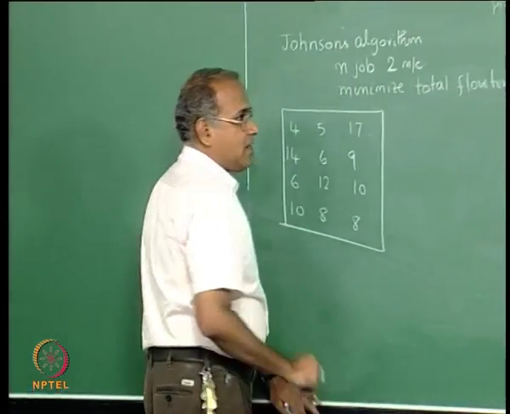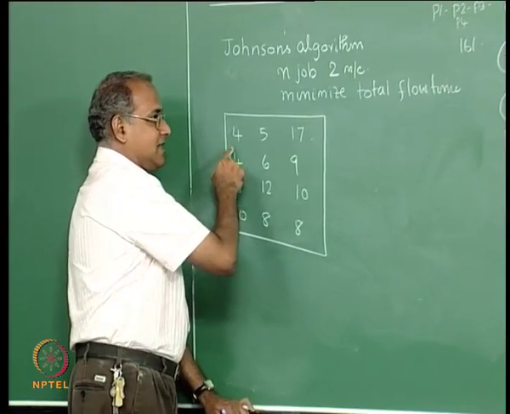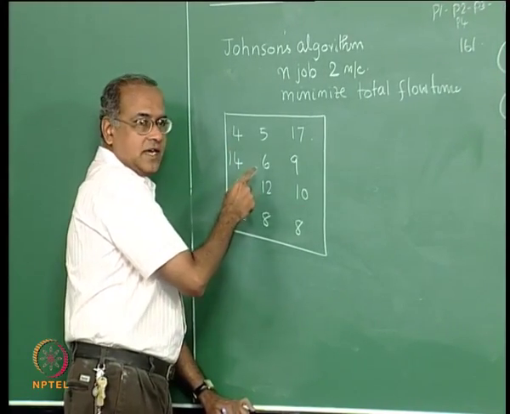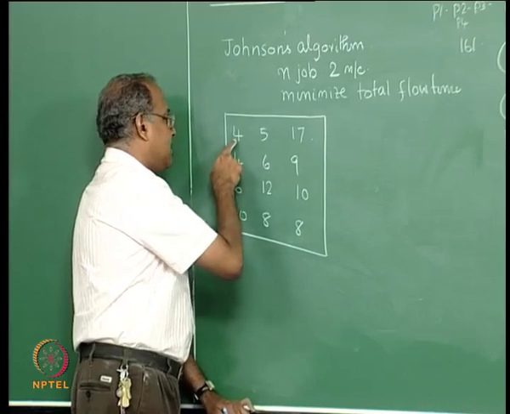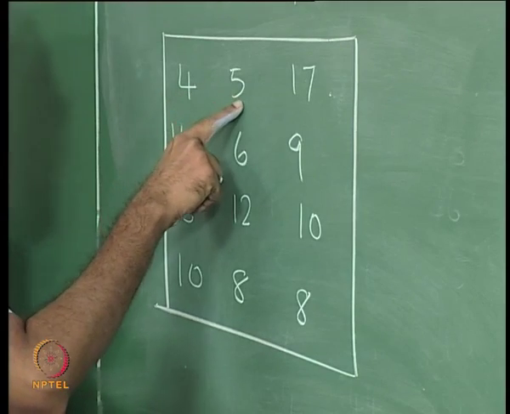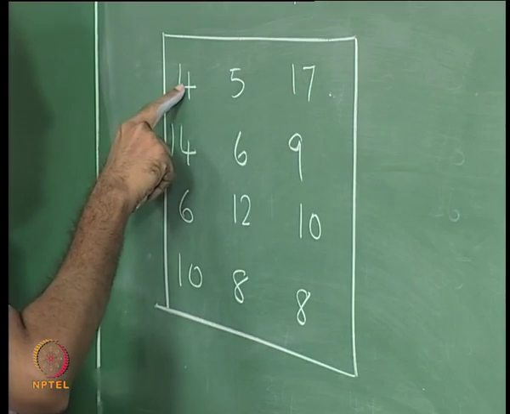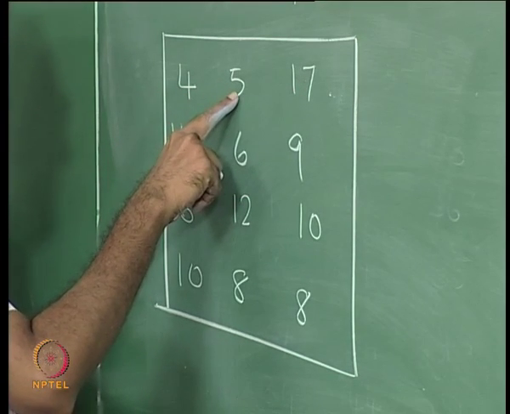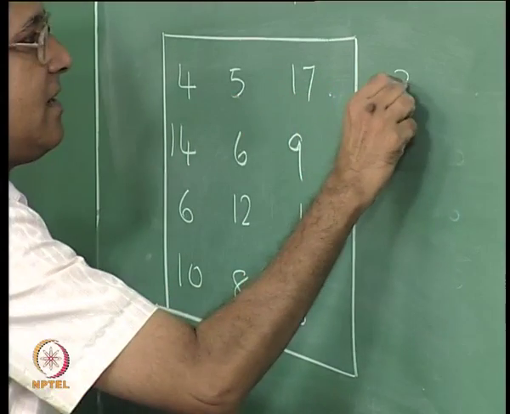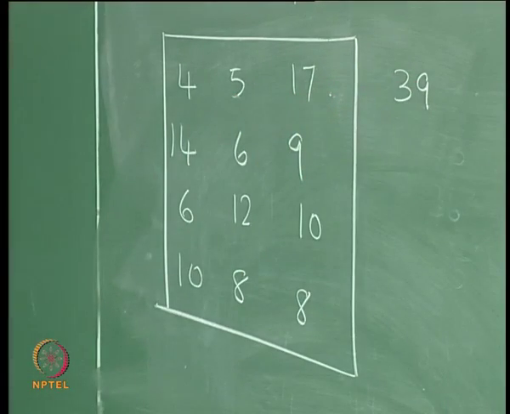There are 3 machines, so we calculate an index which is 3 into 4 plus 2 into 5 plus 1 into 17. So, this is 3 into 4, 12, plus 10, 22, plus 17 is 39.